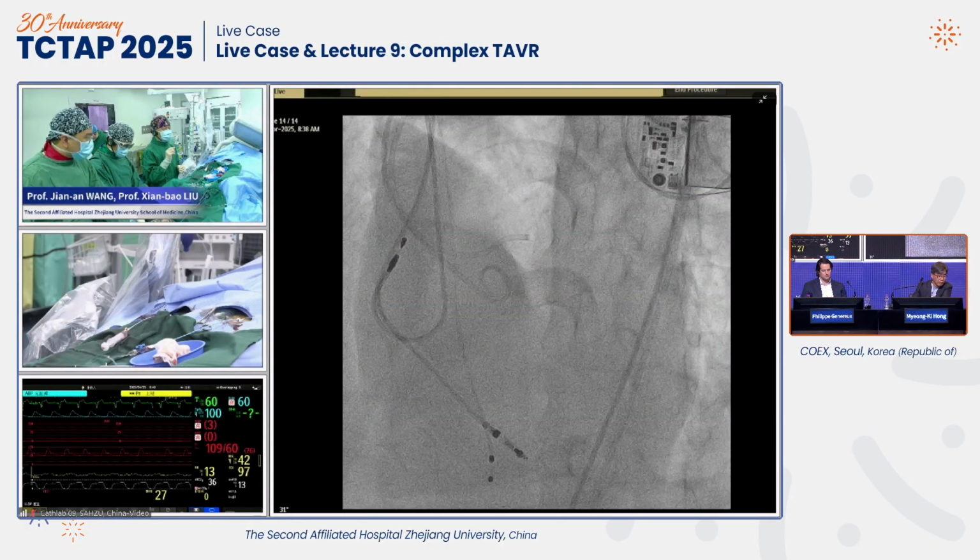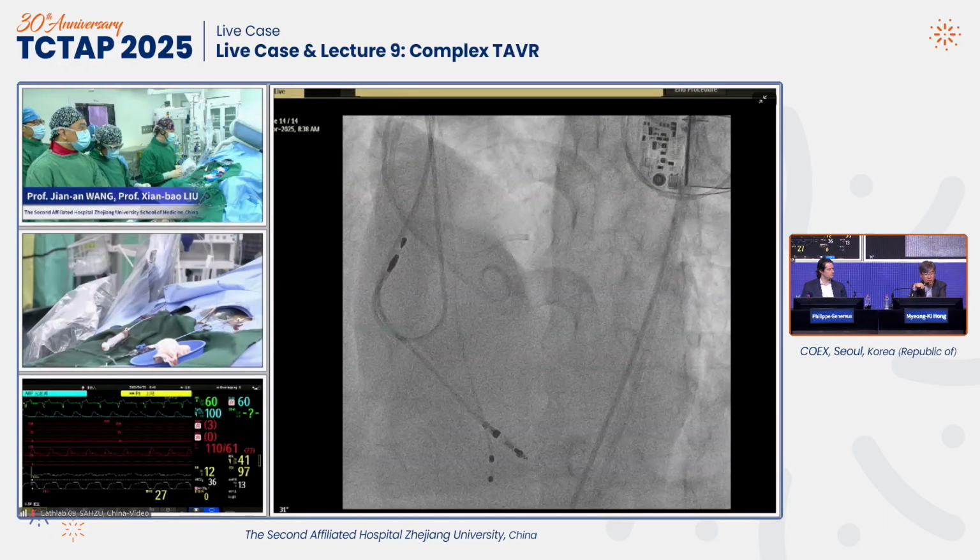Only the silent stroke is a little bit more than the tricuspid. Also, the Sentinel device is commercially available in China, however, it's quite expensive. So we should think about more issues for the patient.